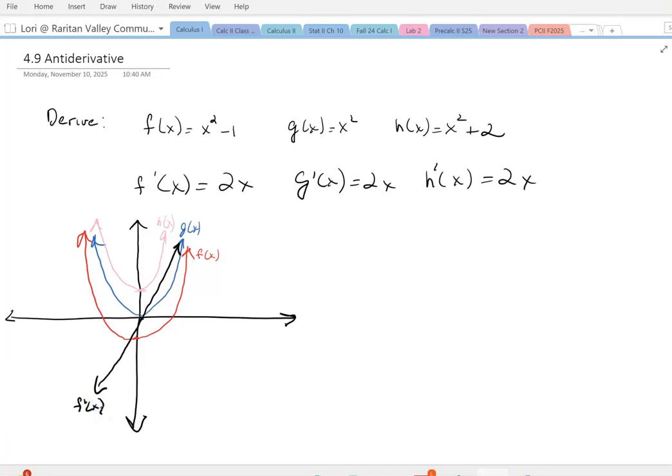Now, I want to introduce the terminology for an antiderivative, the definition.